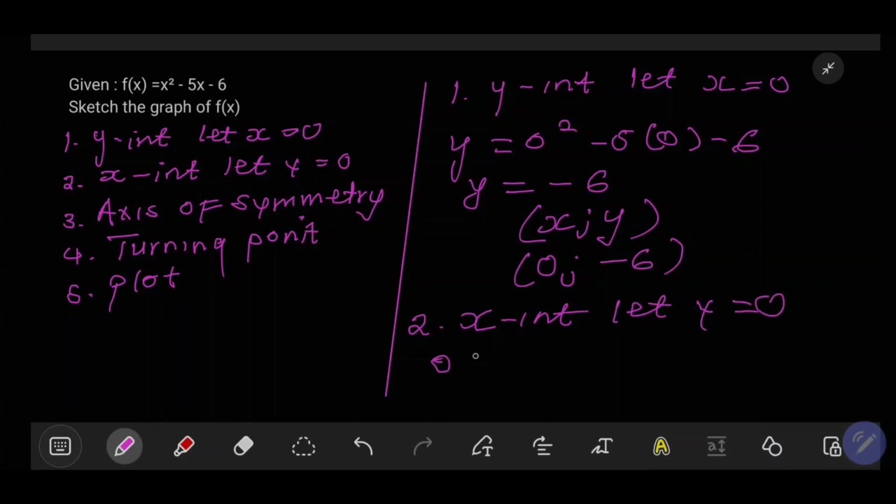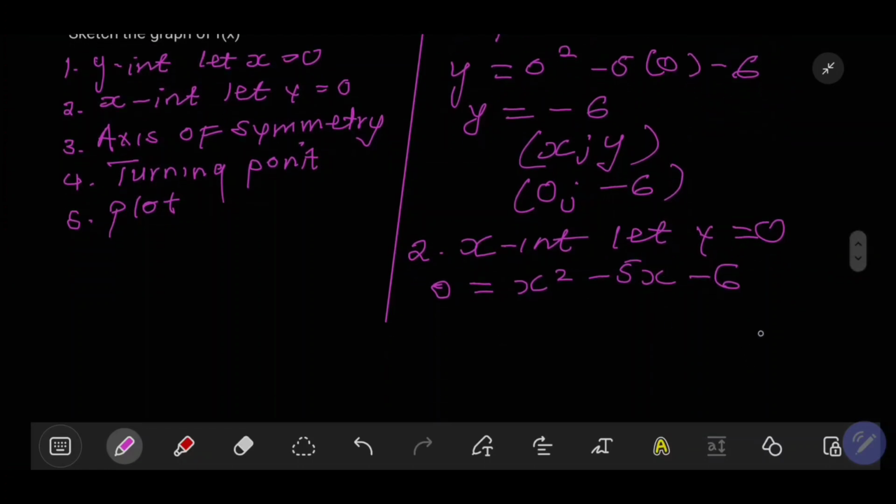So 0 is equal to x squared minus 5x minus 6. Now we need to do a little bit of factorization and then solve for x. So 0 is equal to x minus 6 into x plus 1.